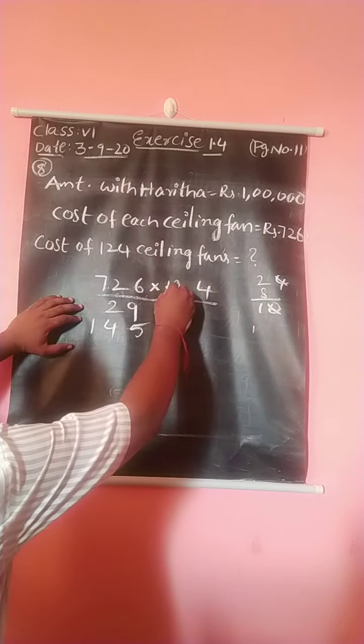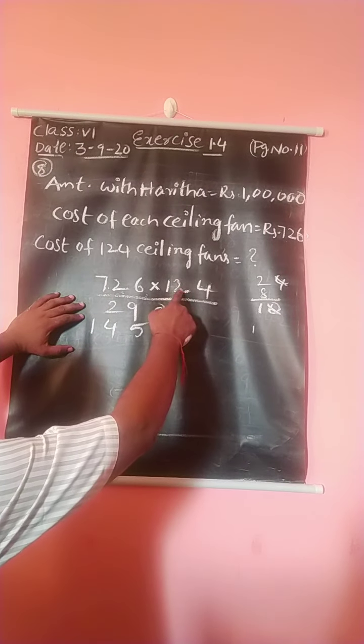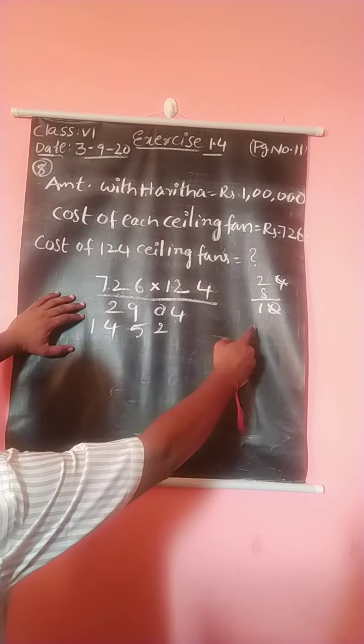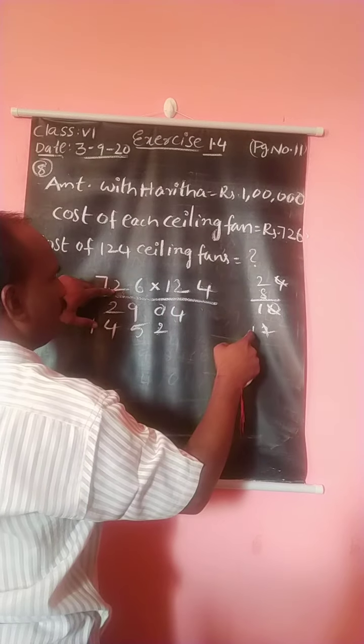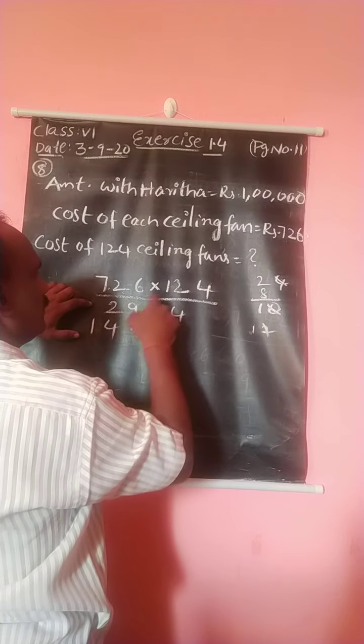Next, with 1. Again with 2, check it. 2 6s are 12, I wrote 12 here. 2 2s are 4, 4 plus 1, 5. 2 7s are 14.